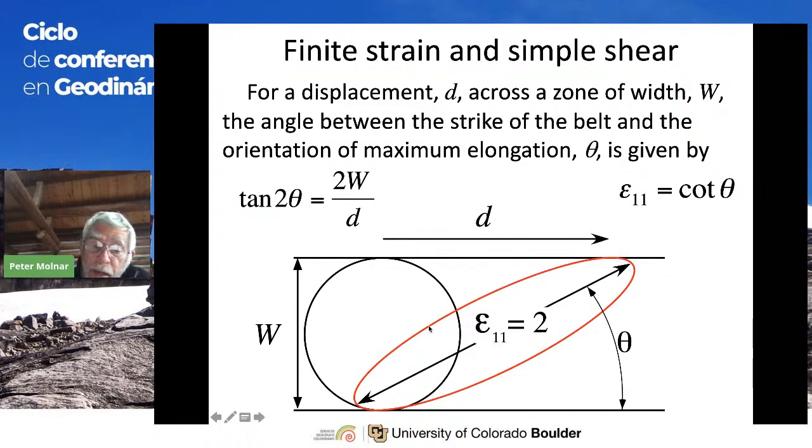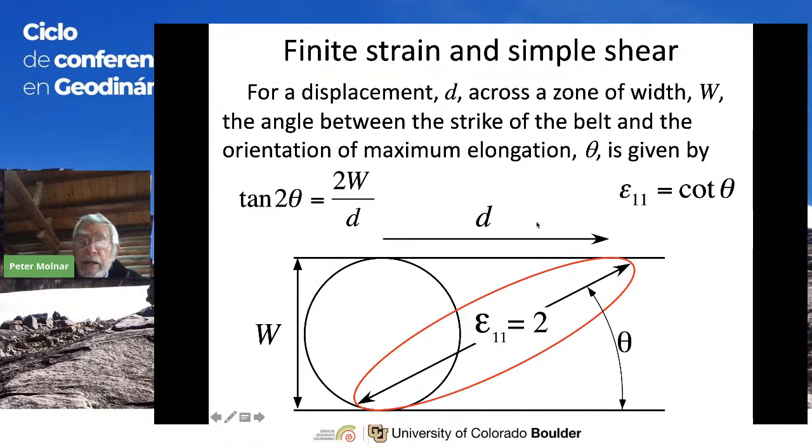And the amount of strain in here, this epsilon 1,1, the maximum elongation, that's simply the cotangent of this angle. And you can see that as you strain more, this angle becomes smaller. The cotangent therefore becomes bigger, because it varies inversely with the angle. And this tangent of 2 theta, as you strain further and further, gets smaller. Well, that's because the distance becomes greater.